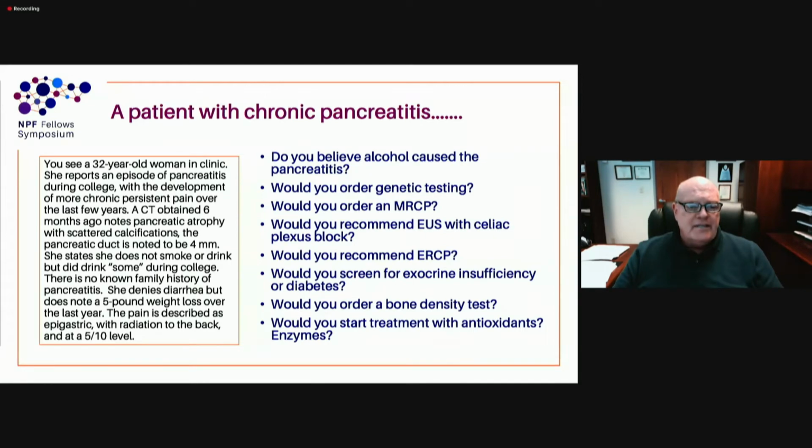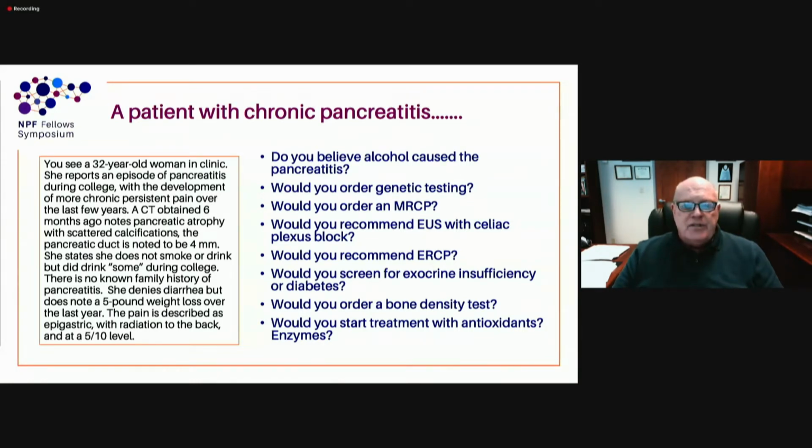A CT scan 6 months prior to this clinic visit shows pancreatic atrophy with scattered calcifications. The duct is 4 millimeters. She said she doesn't smoke or drink, but she did drink some during college. No known family history, no diarrhea, but a 5-pound weight loss. The pain is significant. It's epigastric radiating to the back, and it's a moderate, but still tolerable, 5 out of 10.